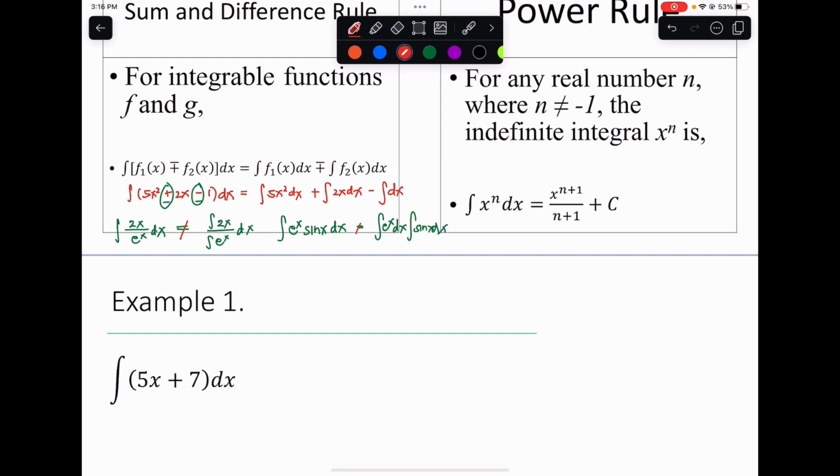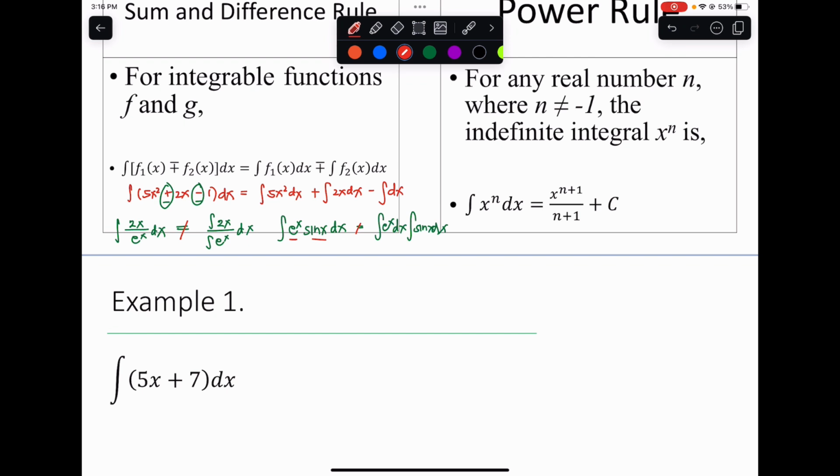That's not equal. If it is a product of two different functions, the exponential function and the sine x function, we cannot simply distribute the integral sign.